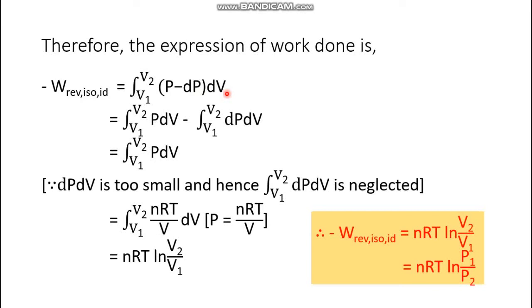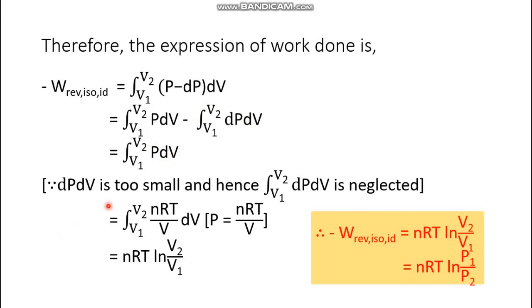So we can divide this into two parts, this one as PdV and this one as minus dPdV. Doing the integration, this term is to be neglected because the multiplication of two differential terms is very negligible. So only the term remaining is the integration V1 to V2 of PdV.